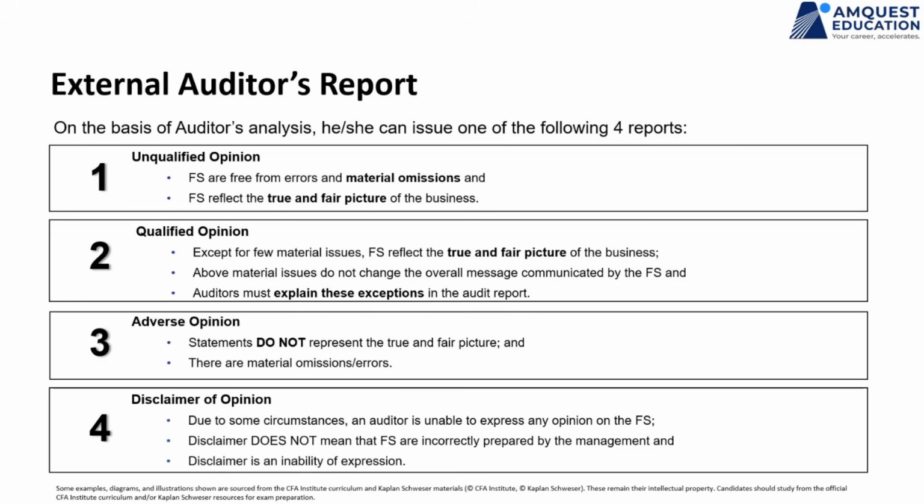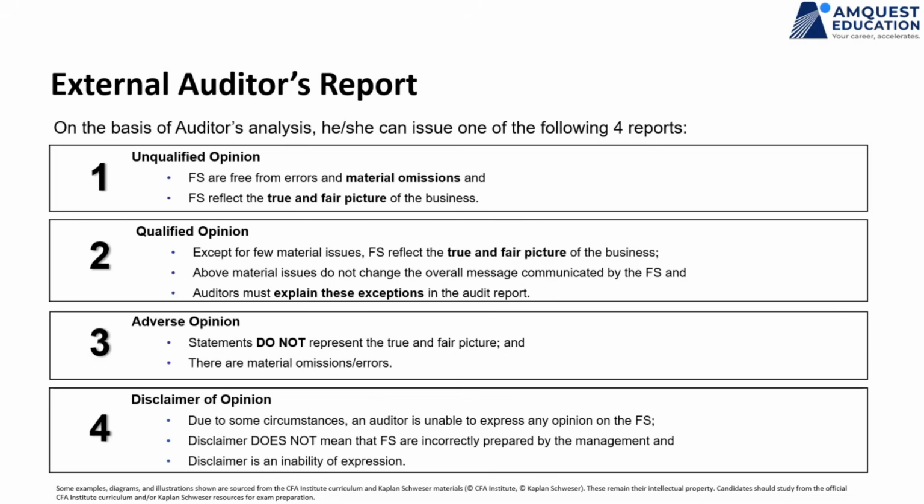And if an auditor is unable to give you unqualified, qualified, or adverse, the auditor is going to give you a disclaimer of opinion. A disclaimer will say, due to some circumstances, the auditor is unable to express any opinion. Maybe lack of information. The auditor did not get enough information, so the auditor can't say qualified, unqualified, or adverse. In this case, the auditor puts a disclaimer.